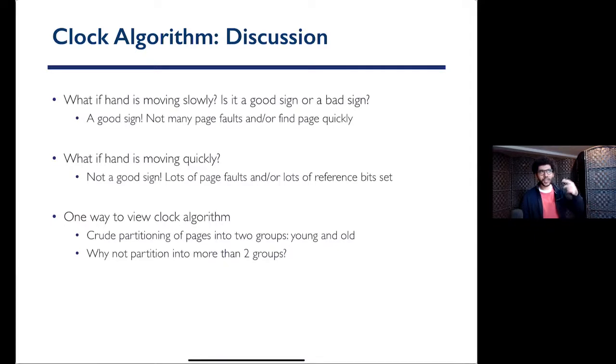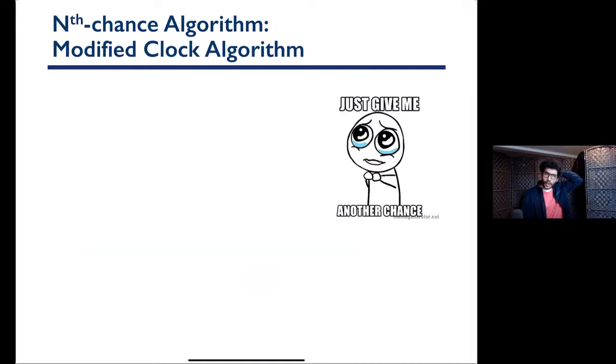But then we're going to pick the first one of them in the order that the clock hand is advancing. Now, what if we want more than two groups, right? What prevents us from having only two groups? That brings us to an extension of the clock algorithm.